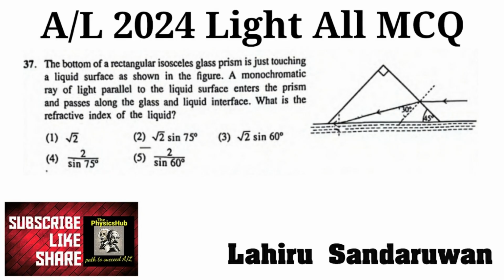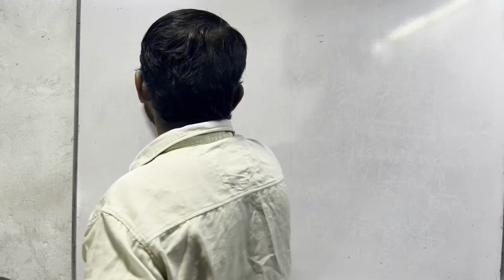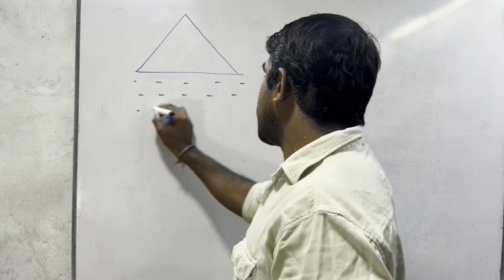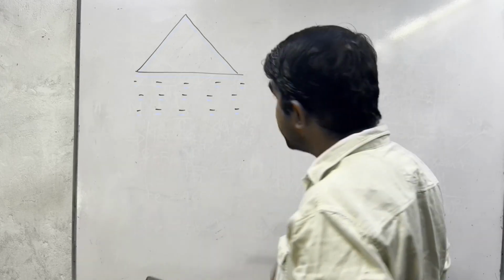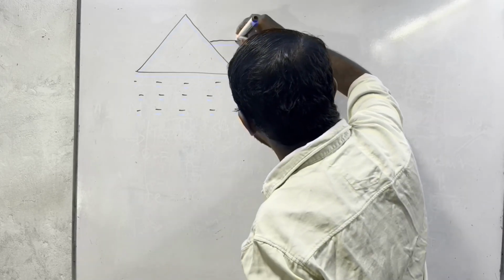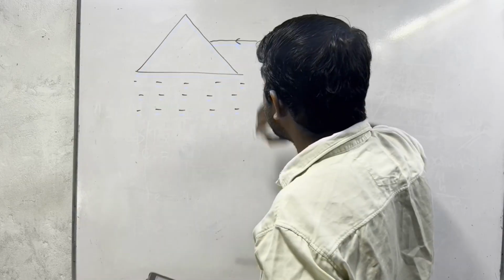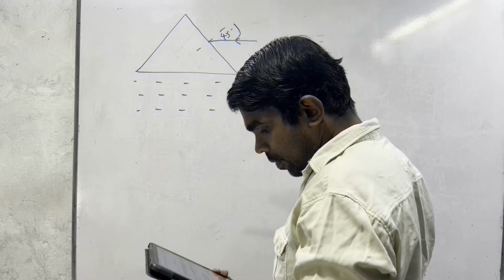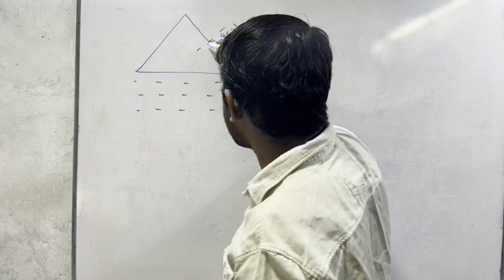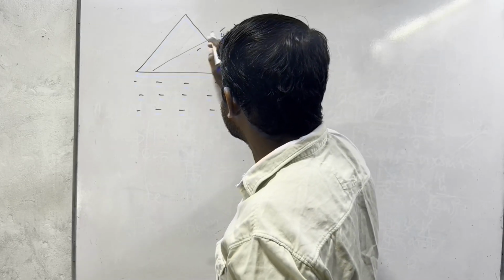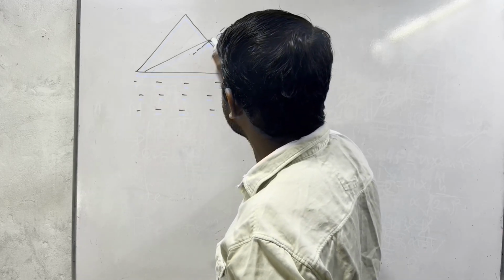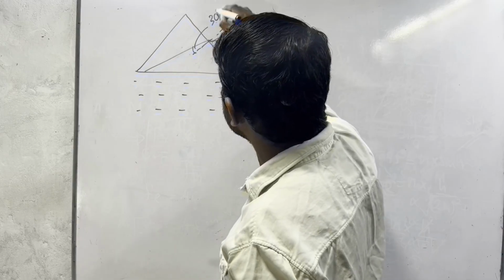What is the refractive index of the liquid? We can consider the given diagram. This side is touching the liquid and the initial ray is parallel to this side. It means this angle should be 45 degrees. And they have marked the refracted angle. This angle is 30 degrees.